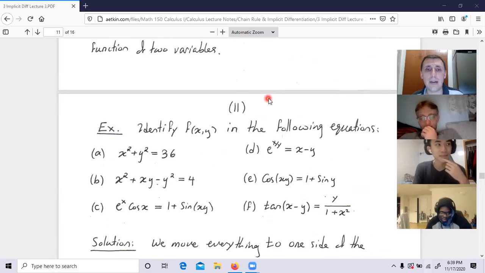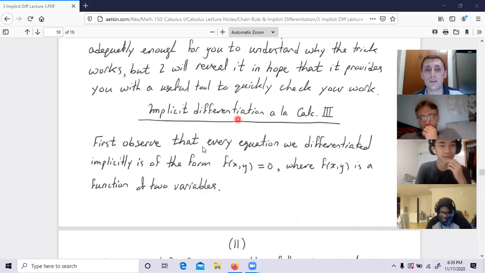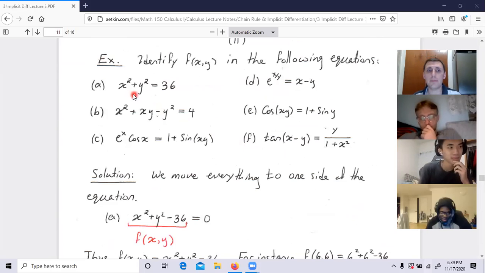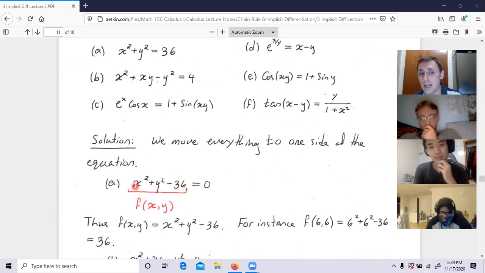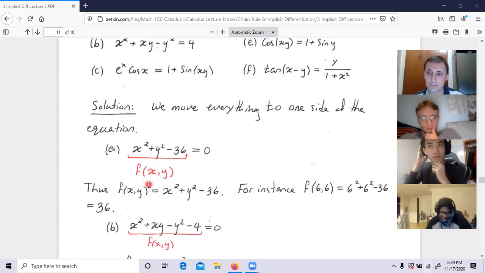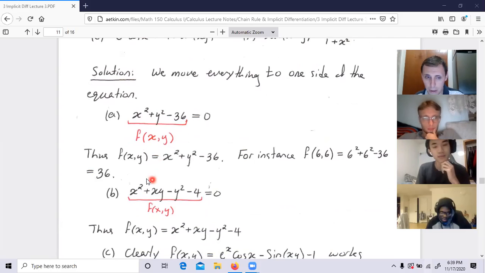So first, you have to observe the following. All of my expressions are of the form a function of two variables, x, y, equal to 0. For example, if I have x squared plus y squared equal to 36, I can think of it as x squared plus y squared minus 36 equal to 0. I move everything to the left. You see? Good.